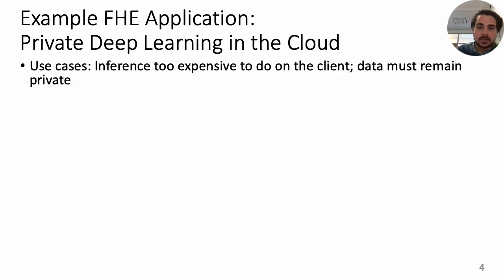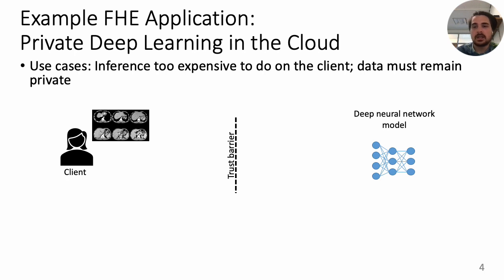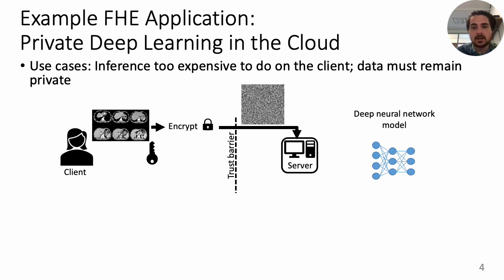Let's motivate FHE by going through a more concrete use case. Our client is a pediatric surgeon that wants to classify a sensitive medical CAT scan using a deep neural network, or DNN. But performing a DNN inference would be too expensive on her hospital's local computer. Instead, she encrypts the CAT scan, and the DNN inference is actually run in the cloud on the encryption of the image.